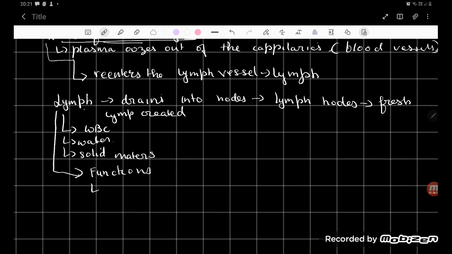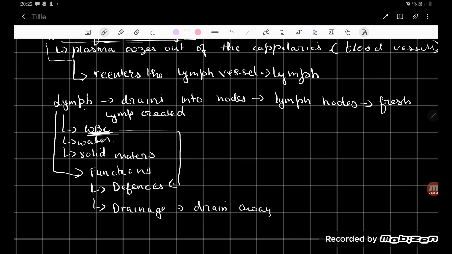Well, I would recommend you to remember two. So, defense, because it mainly consists of WBCs, and another function can be drainage, drain away excess tissue fluid. It drains away excess tissue fluid. That's what it does.